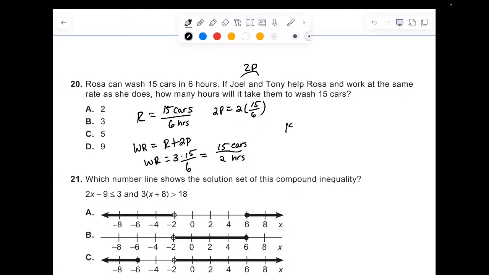So we are given 15 cars, and we know that we're working at this rate: 15 cars every 2 hours. 15 divided by 15, the units cancel, so this is equal to 2 hours. This may seem redundant, but this is how I was taught to solve all these problems, so that you can use dimensional analysis and get a lot more complicated answers quickly.